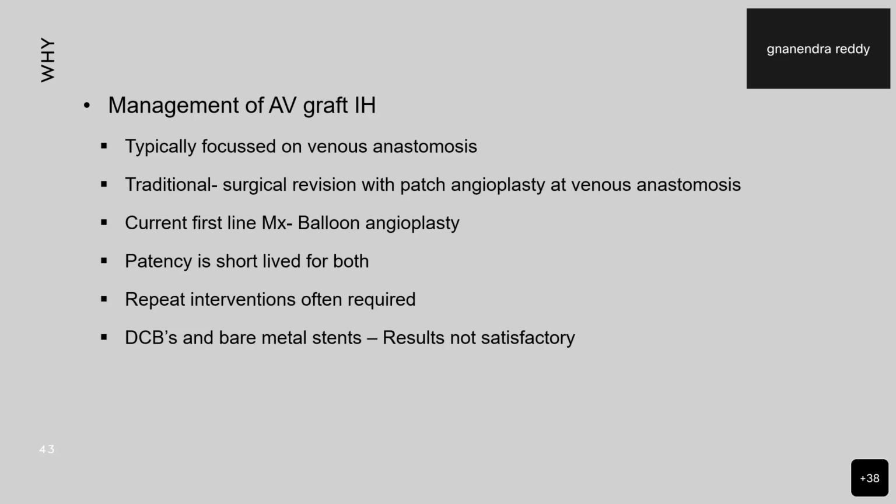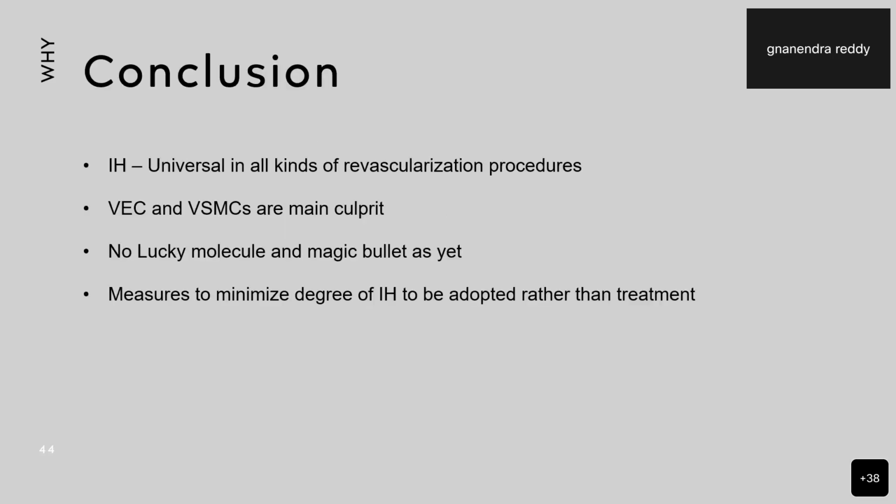Because even after the open surgical revision and patch angioplasty, the etiology is the same, and the patient again can present with recurrent intimal hyperplasia and stenosis. However, the patient requires a repeat intervention. So it is better to consider the first line management as balloon angioplasty than to go directly to an open procedure. The drug coated balloons and bare metal stents are used, but the results were not satisfactory.